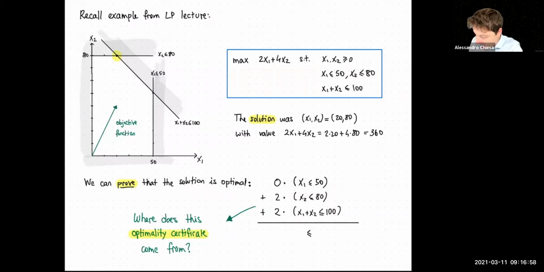Now, on the right-hand side, I'm going to get 0 times 50 plus 2 times 80 plus 2 times 100, which coincidentally equals 360.